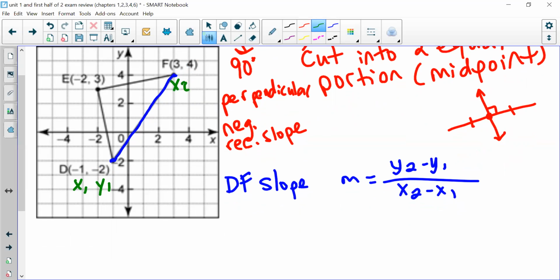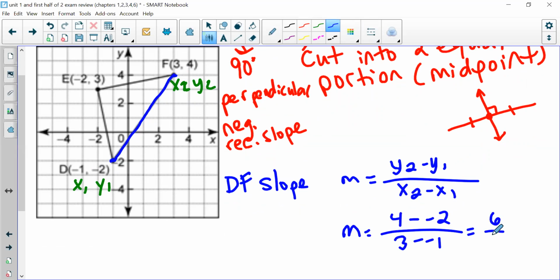Can you just walk me through what that's going to look like? Sure. So 4 minus -2, and then 3 minus -1. Okay. And what does that reduce to? That's 6 over 4. Yep. And that will reduce to 3 over 2.